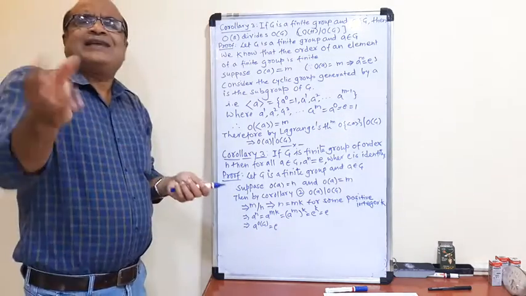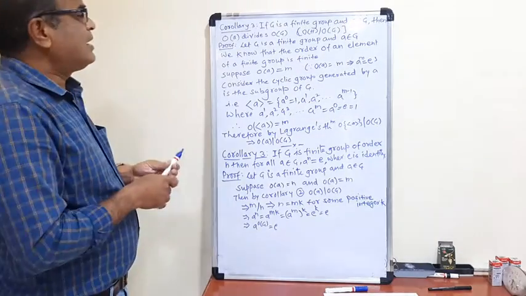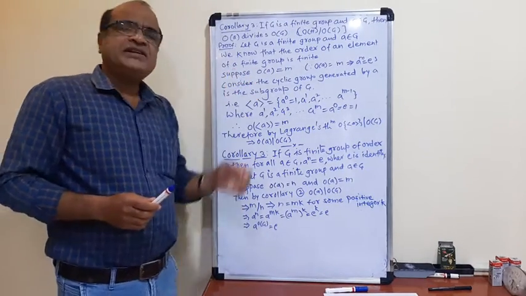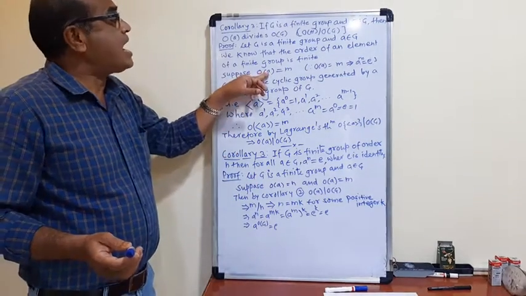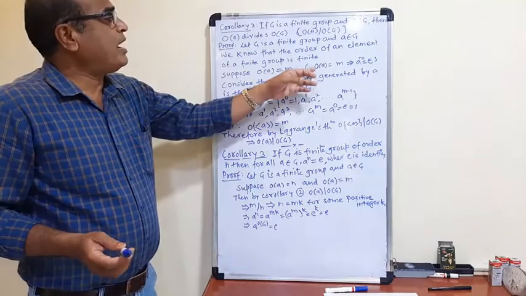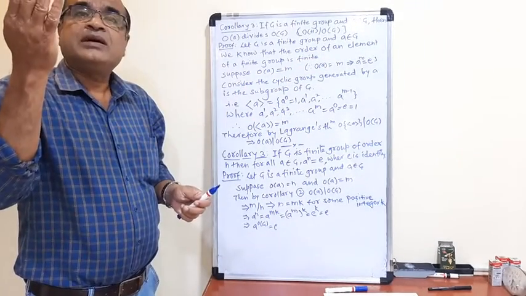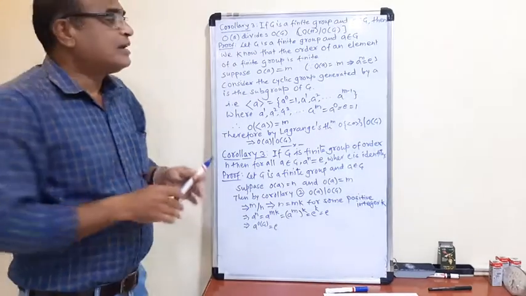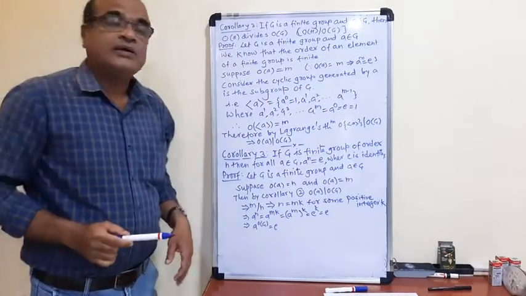So let us suppose the order of a is m. Order of a is m means a raised to m is the identity element, and this m is called the order of that element.